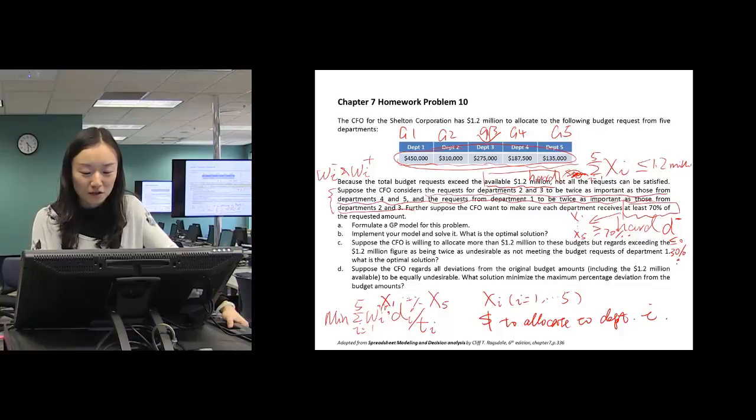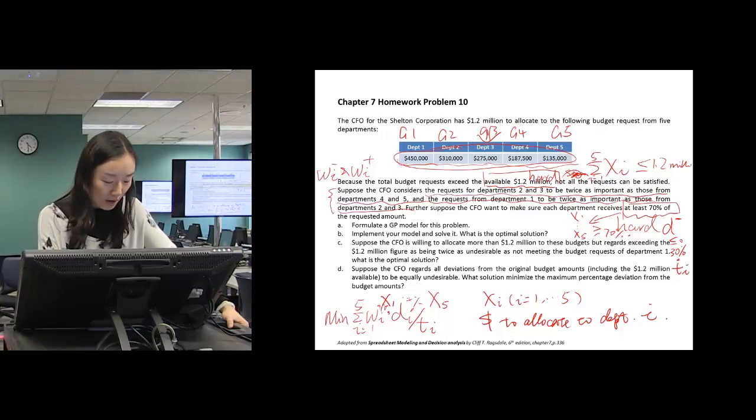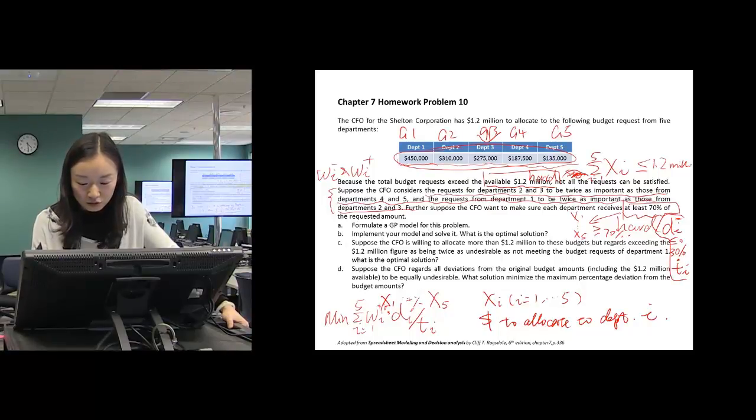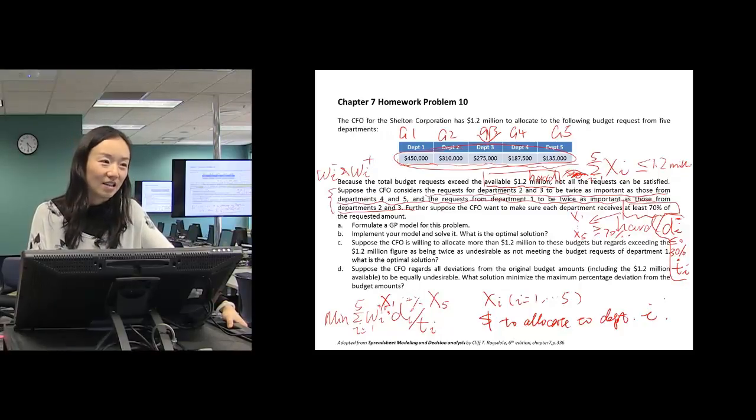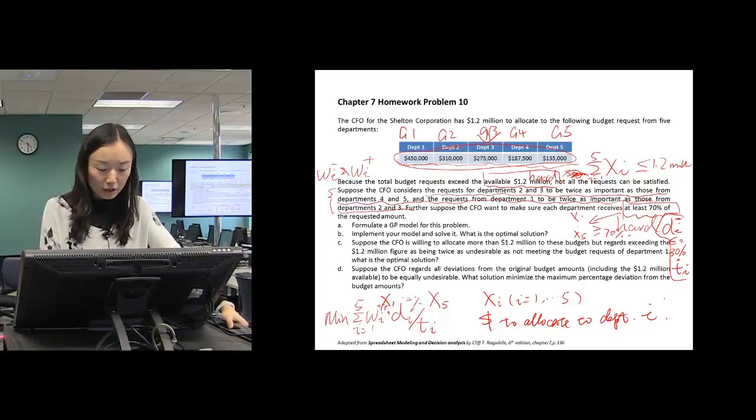Instead of having those ones, you can have the di underachieving ones less than or equal to 0.3 times the target value. So as long as you do not underachieve more than 30%, then you will get at least 70%. So these are two different ways to model. Okay. Any other questions?